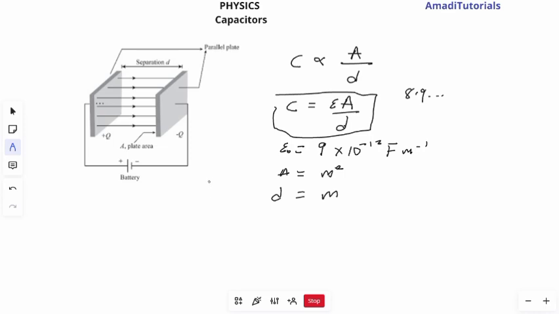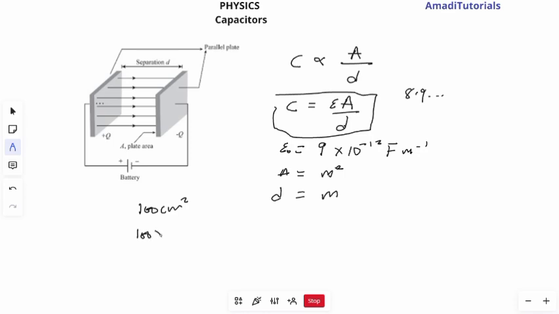Take for instance, they give you the area of the plate in terms of cm, say 100 cm squared. For you to substitute this into the calculation, you have to convert it to meter squared. And how do you do that?